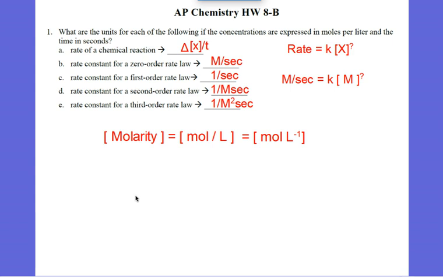Okay, so again, let's focus on the fact that we're talking about molarity, right? Anytime we see brackets, we're talking about molarity. Molarity means moles per liter. A very common thing you're going to see in this chapter, though, is instead of writing moles per liter, they'll write moles liter to the -1, which, of course, means that that's the inverse of liters, which is the same as per liter.